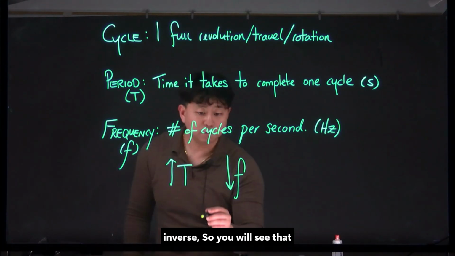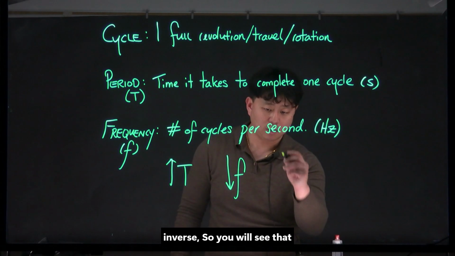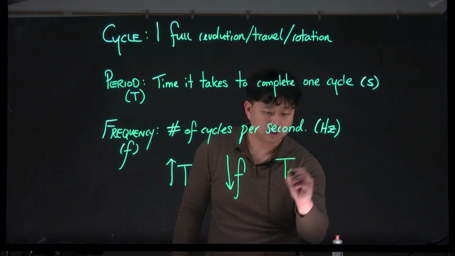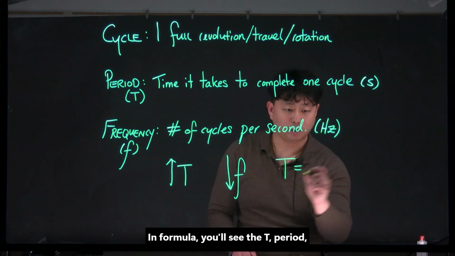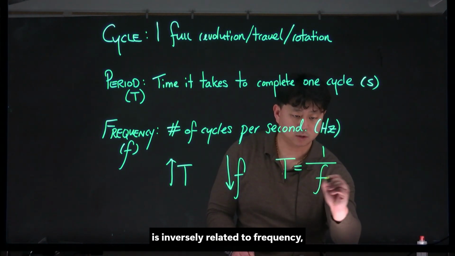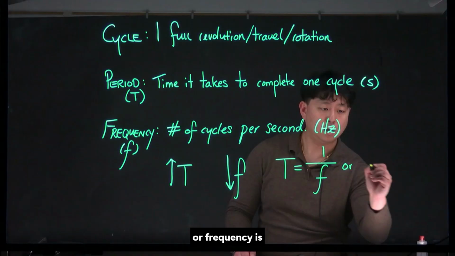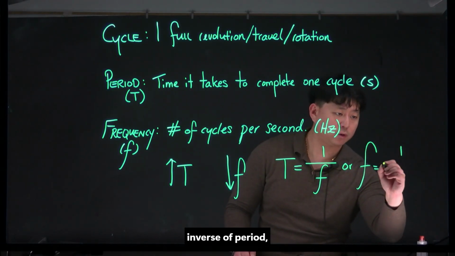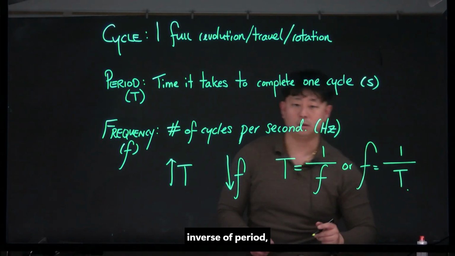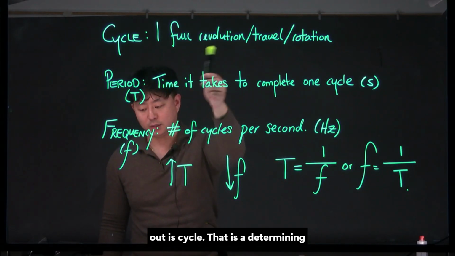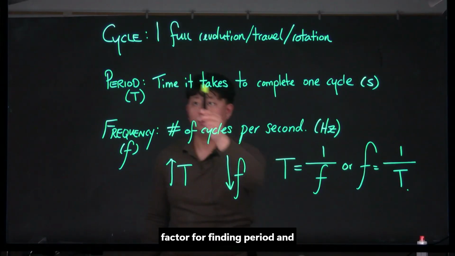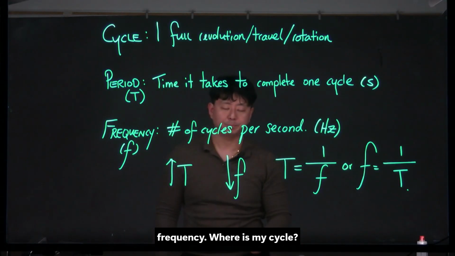It is inverse. So you will see that in the formula, the period T is inversely related to frequency, or frequency is the inverse of period. So the first thing that you have to figure out is the cycle. That is a determining factor for finding period and frequency.